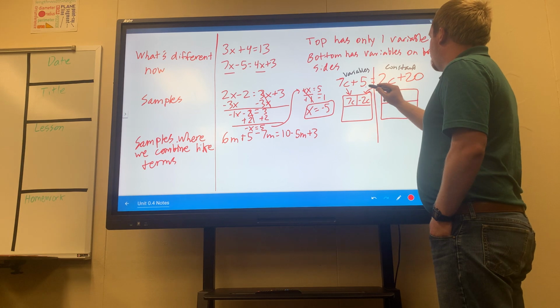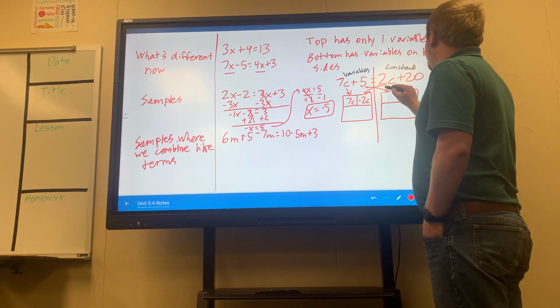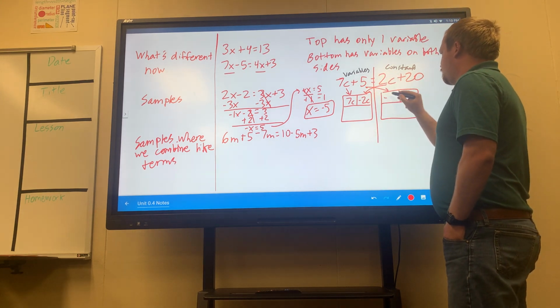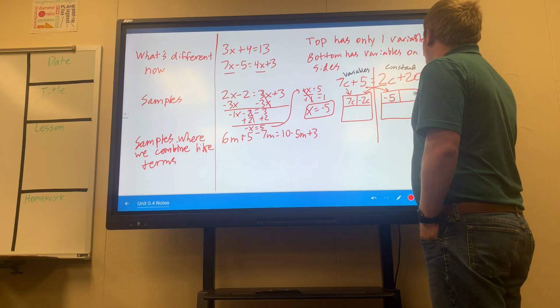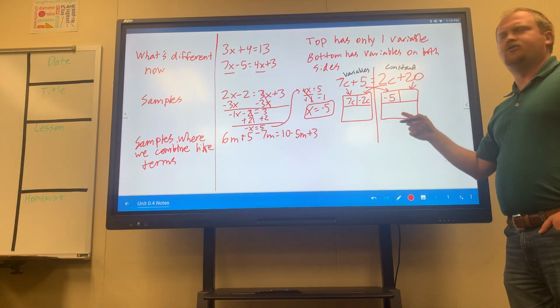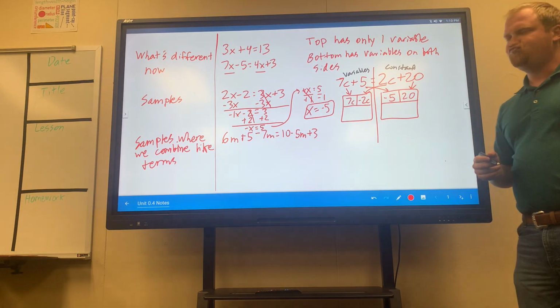So again, I'm going to take this 5, because it's a constant, I'm going to take it to this box right here. But notice that I crossed the line, I'm going to change my sign. And I don't cross the line with 20, okay? I don't cross the line, so this remains a positive 20.